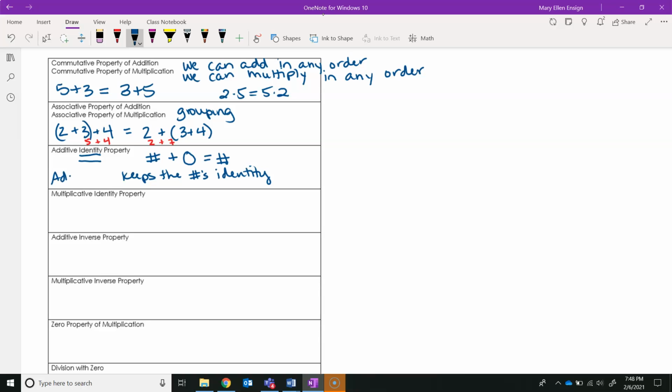So I'll say adding 0 keeps the number's identity. It doesn't change it. Think about multiplicative identity, multiplying. If I take a number and I multiply it by something, what do I multiply any number by to keep its identity? Well, 1, right? So multiplying by 1 keeps the number's identity.